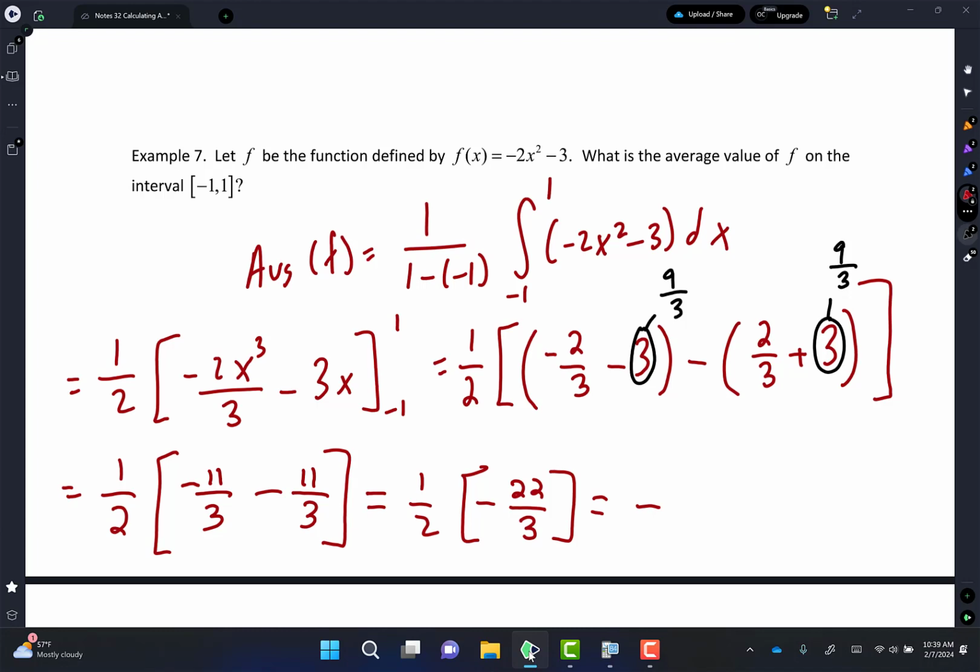You can say negative 22 over 6, but then that reduces. I would do it like this, guys. 2 goes into 22 11 times. See? And it becomes simple. Negative 11 over 3. That is the average value.